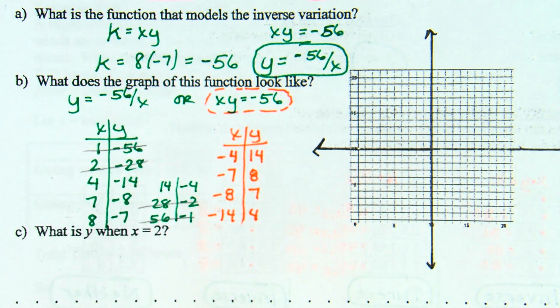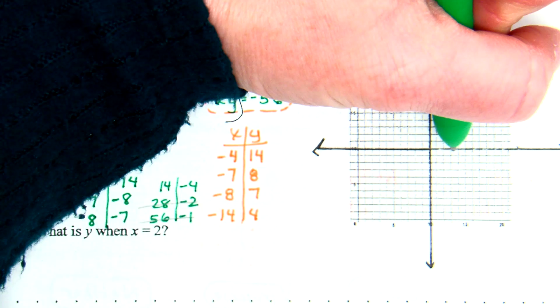So, where does something like 4, negative 14 go? Right 4 and down 14, which, if that bottom line is 10 on mine, mine's about there. Down 8.